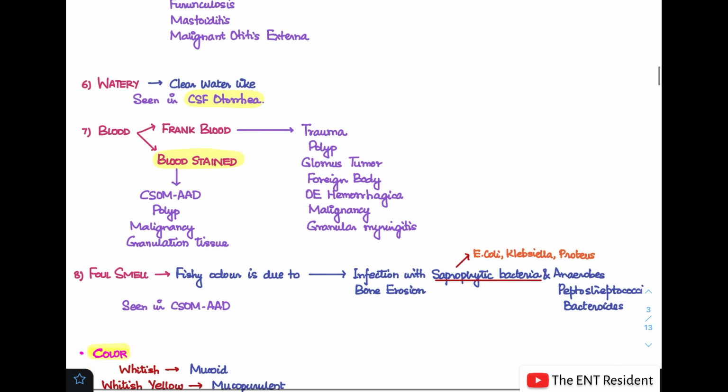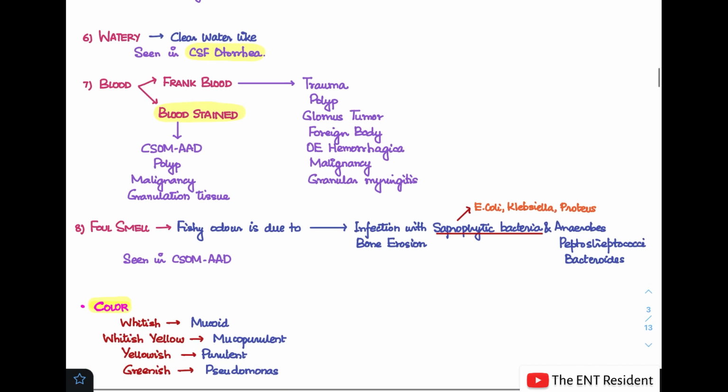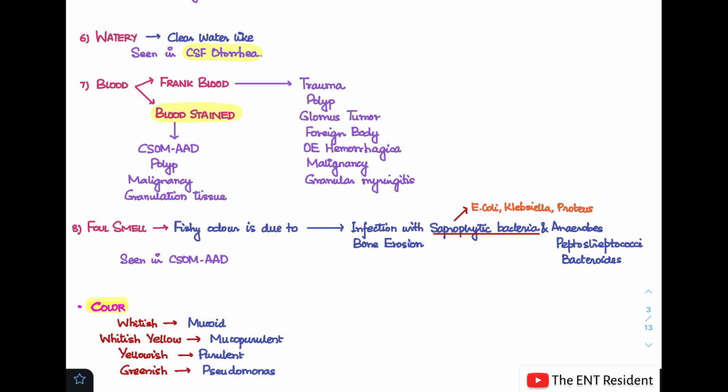And last characteristic is the foul smell. Now what is the importance of foul smell and why does the foul smell happen? So this is usually a fishy odor, and this happens because of infection with saprophytic bacteria like E. coli, Klebsiella, Proteus, and anaerobes like Peptostreptococci and Bacteroides.